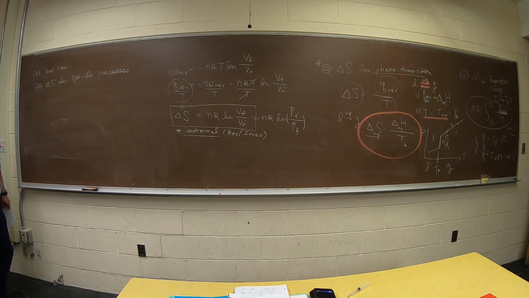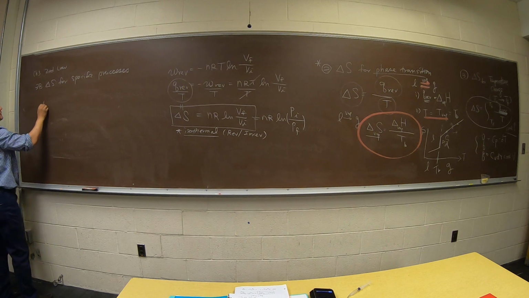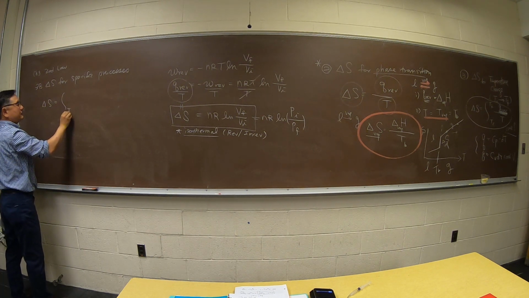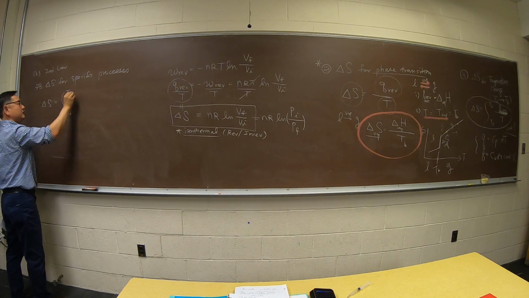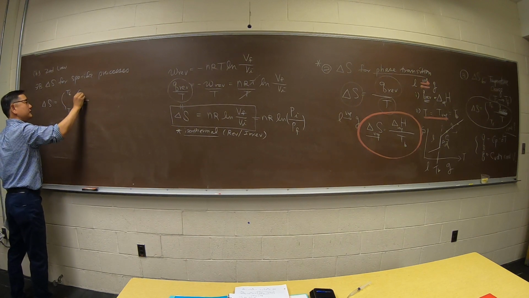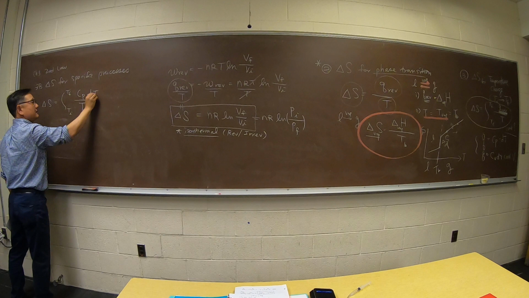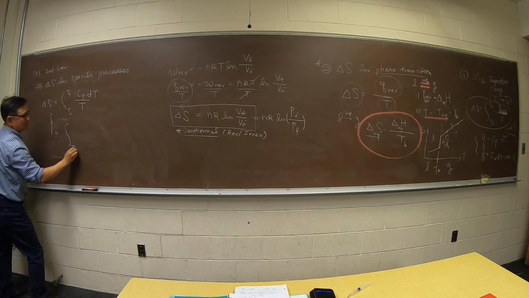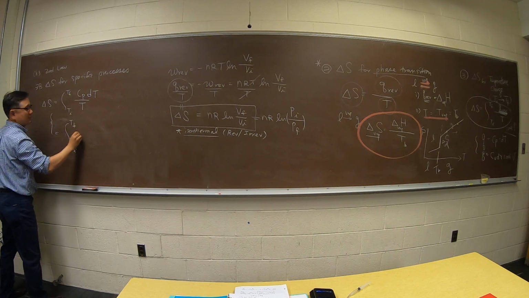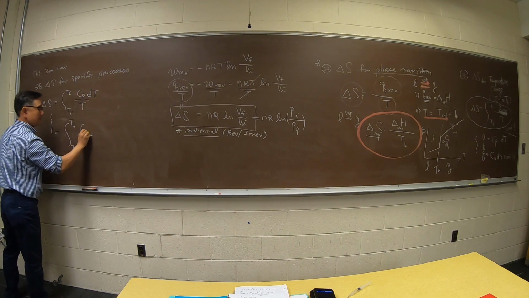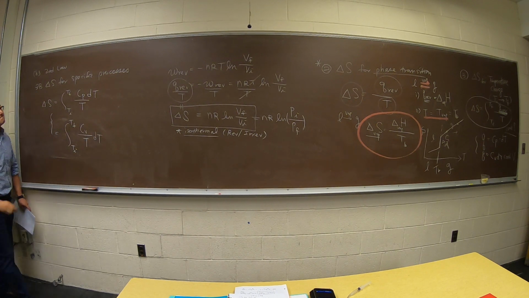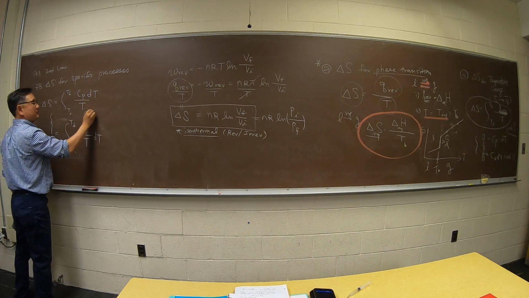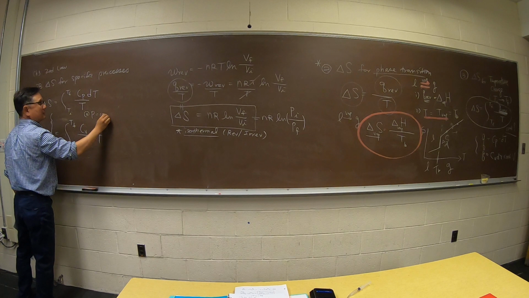So delta S is the integral from initial temperature to final temperature of Cp over T dT, or the integral from initial to final temperature of Cv over T dT, depending on whether pressure or volume is constant.